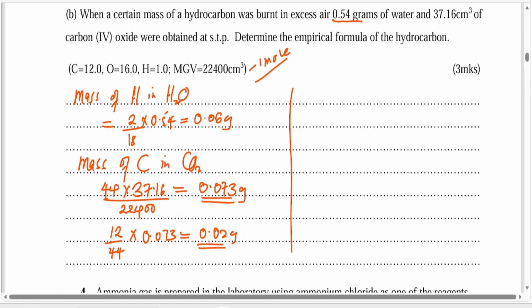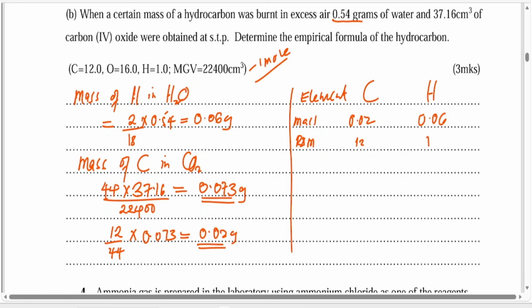Then I use the method that we use to determine the empirical formula. So I have carbon and I have hydrogen. Then the mass of carbon is 0.02 and the mass of hydrogen is 0.06. So we always start with the mass. After mass, we move to relative atomic masses. So we have 12 and we have 1.